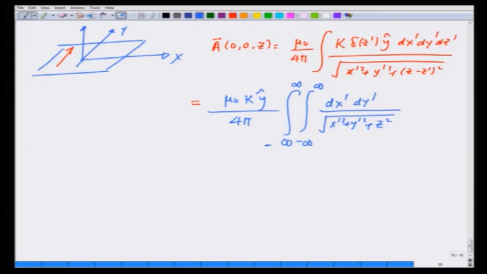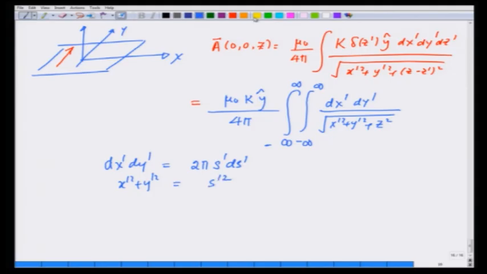I can make this integral very easy if I realize that this actually is an area integral. So, I can convert this area integral into planar polar coordinates, whereby dx prime dy prime I can write as 2 pi s prime ds prime, and x prime square plus y prime square is s prime square.